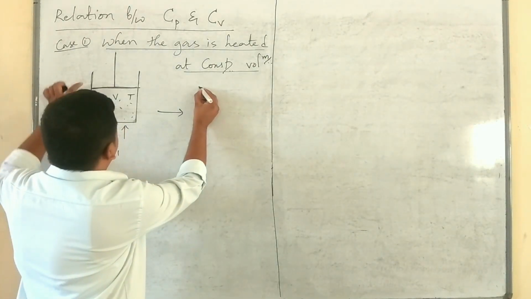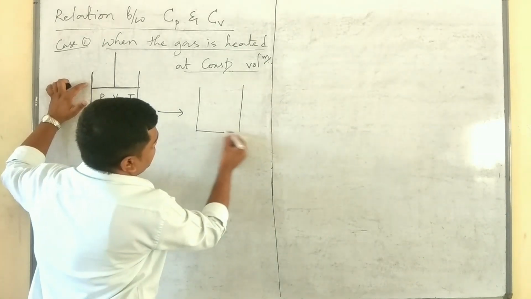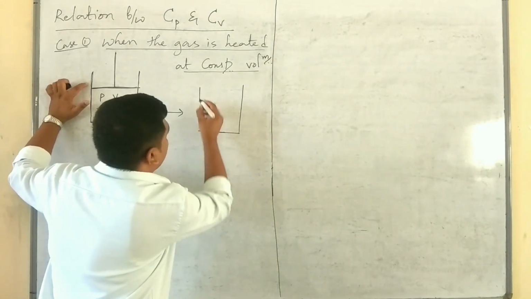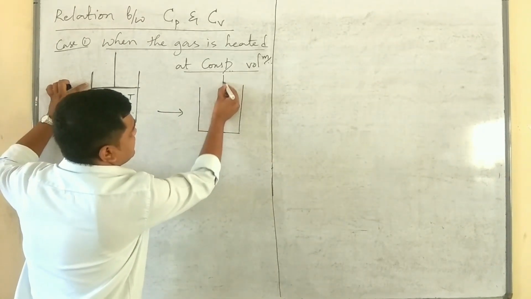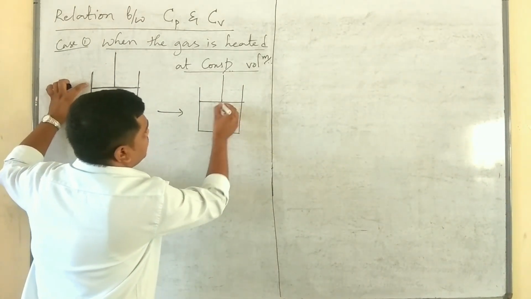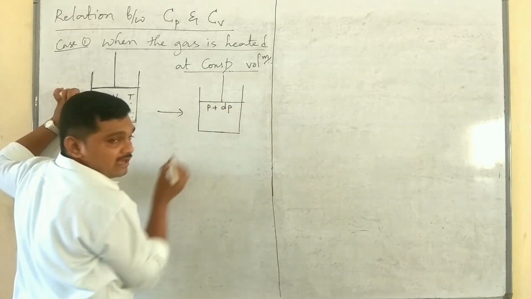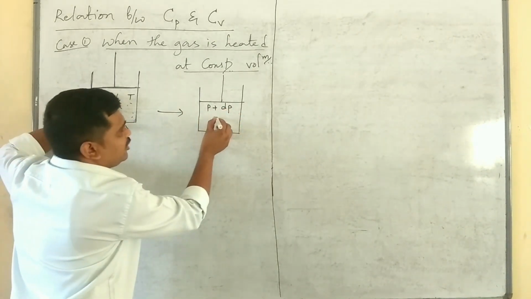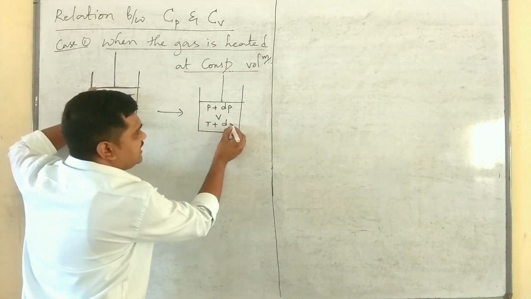Therefore, I will take the cylinder like this now. There will be no change in volume, therefore I will draw the diagram as it is, but pressure changes to P plus dP, for example, volume remains constant, and temperature changes to T plus dT.